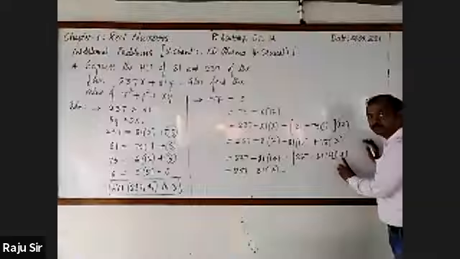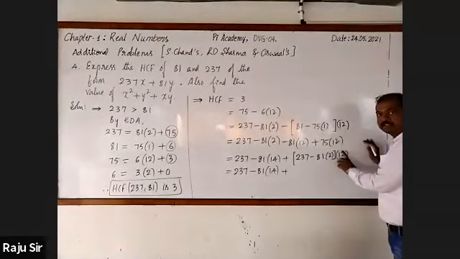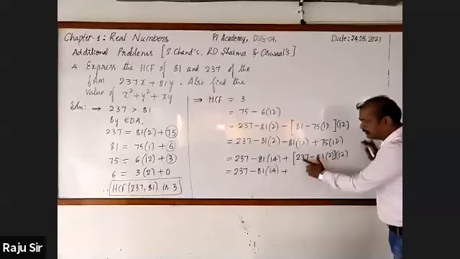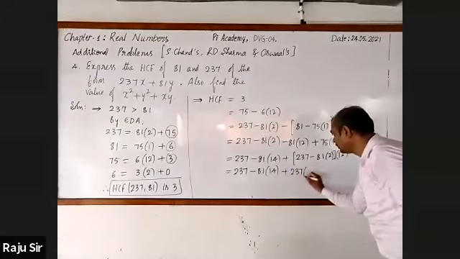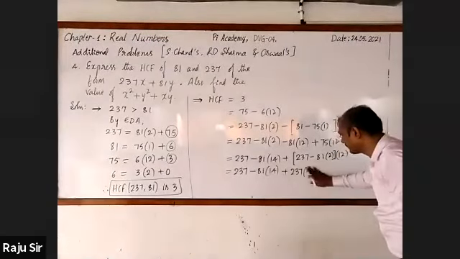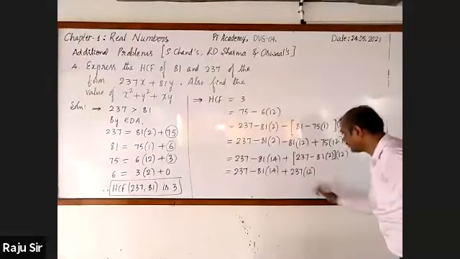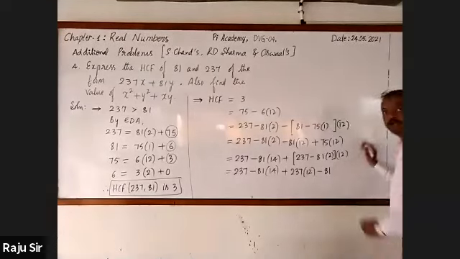Now look at the board. Here 12 is there. It should be multiplied with both the terms. 12 into 237. That is 237 12 times.